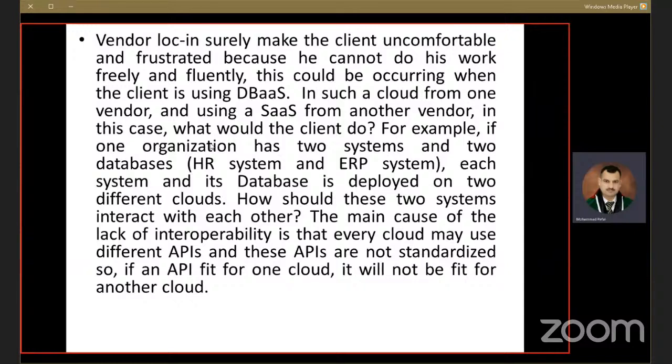For example, if one organization has two systems and two databases, like an HR system and an ERP system, and each system and its database is deployed on two different clouds, how should these two systems interact with each other? The main cause of the lack of interoperability is that every cloud may use a different API, and these APIs are not standardized. So if an API fits one cloud, it will not fit another cloud.